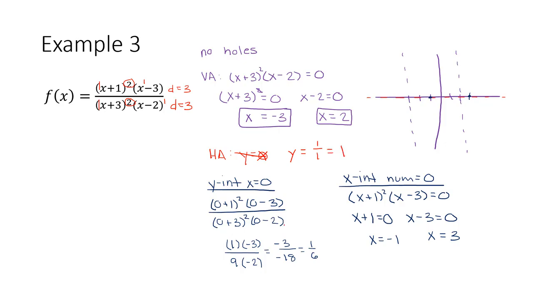My horizontal asymptote is at y equals 1. Everything else is exactly the same. I just mixed up my rules, which is why, again, it's important to have them written down in your notes so that you can reference them as you go through and do the practice.